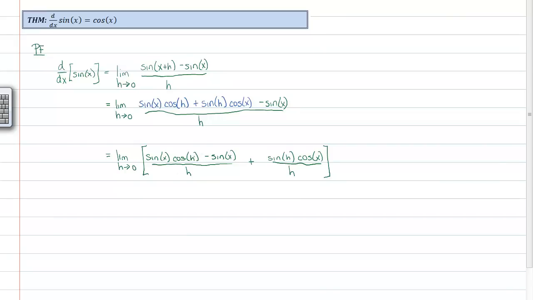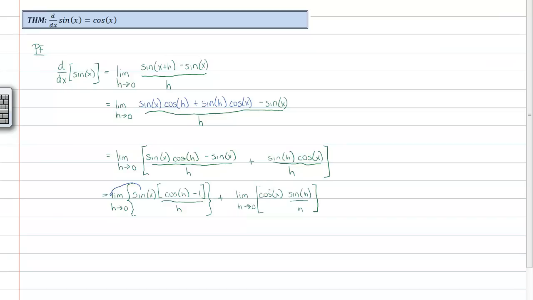Now if you take a look at that first term, I can factor a sine of x out, and I'm going to go ahead and try to break this limit. So that means I'm going to just break the limit and hope that the pieces I break it into actually exist. Right now it might not be obvious that these limits actually exist, but I'm just going to state that since sine of x does not rely upon h, I can pull that out in front of that first limit.